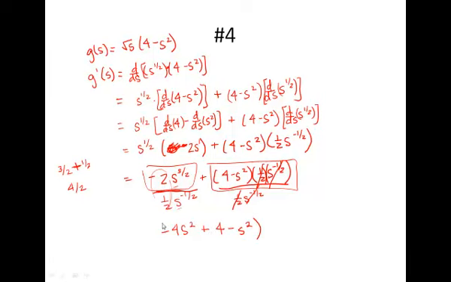Now we divided everything by 1/2 s to the negative 1/2, so we also have to multiply everything by 1/2 s to the 1/2. I think I said that wrong, but what we did was divide the whole thing by 1/2 s to the negative 1/2, so we have to multiply everything by 1/2 s to the 1/2. Now you can simplify what's going on in here.